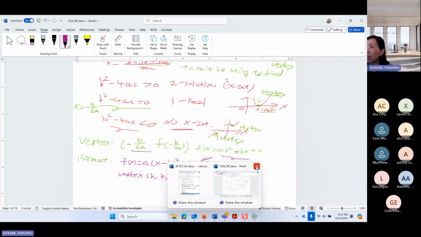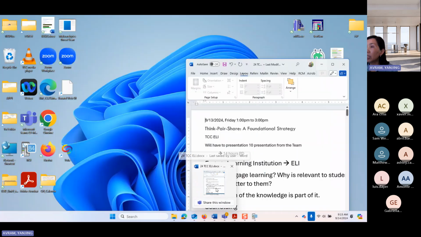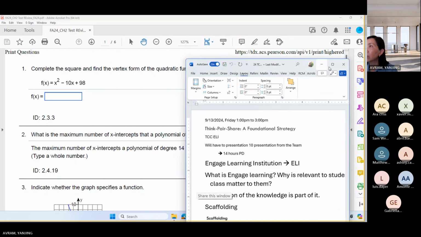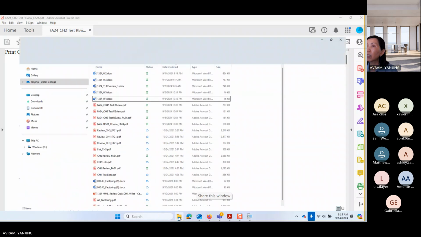We said earlier, I say using the formula, but in this case it asks us to... All right, I'll just close that one.